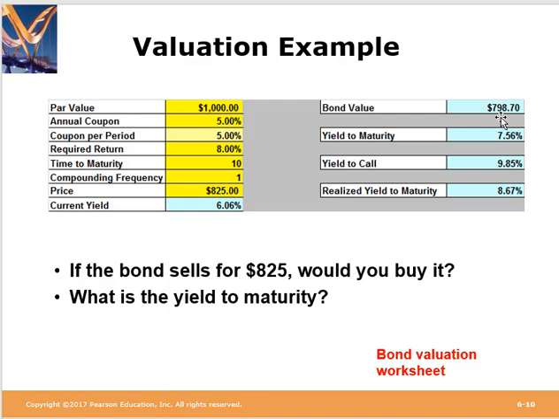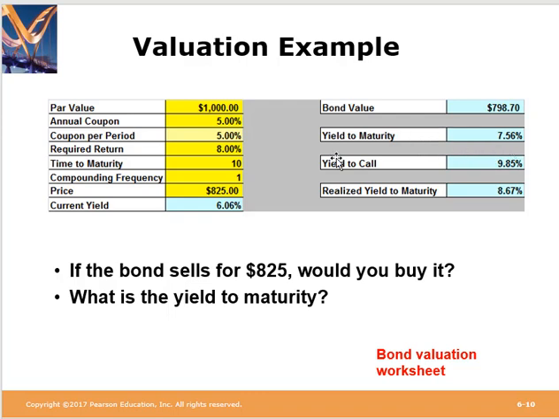So would you pay $798 to get something that was selling for $825? Let me say that another way. Would you spend $825 to get something worth $798? And of course, in this instance, you know that would be a bad decision. The yield to maturity is the other number that we've talked about so far.